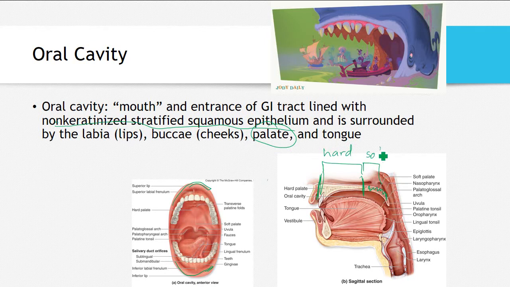The hard palate is made up of the maxillary bone and the palatine bone. The maxillary bone has the palatine process, and then the horizontal plate of the palatine bone will make up the hard palate.